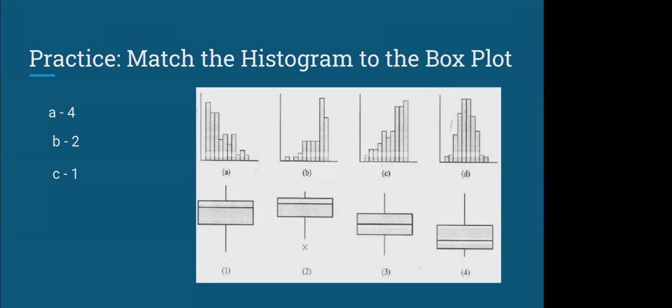Those would be the same characteristics we would look for in the box plot. Voila. So D matches 3. Again, critically analyze. What do you see? And then look for those same characteristics in the box plot.